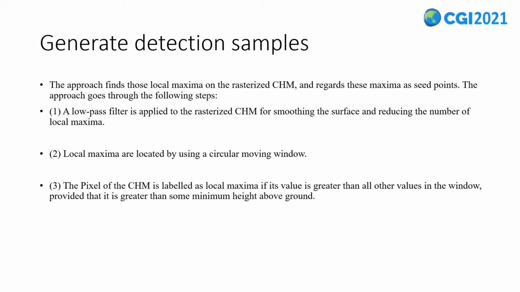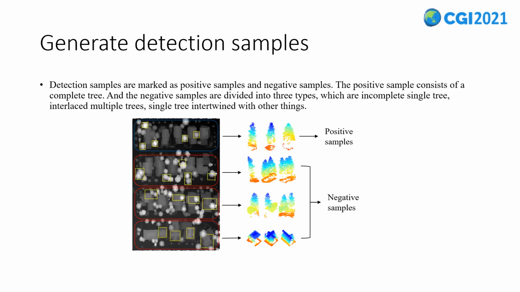Last step, the pixel of the CHM is labeled as local maxima if its value is greater than all other values in the window, provided that it is greater than some minimum height above ground.